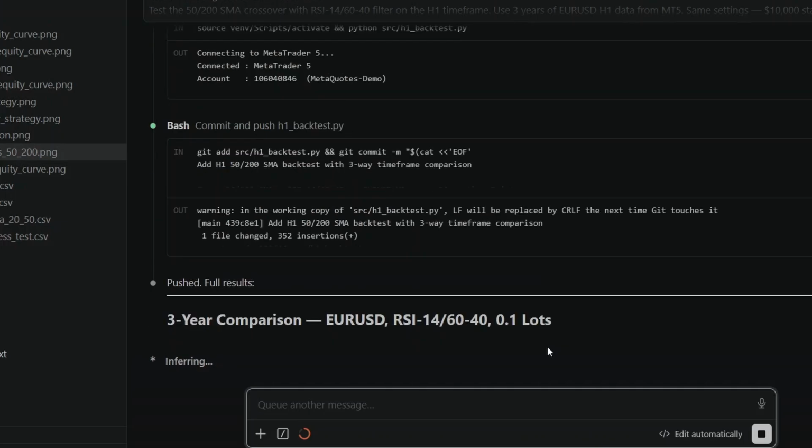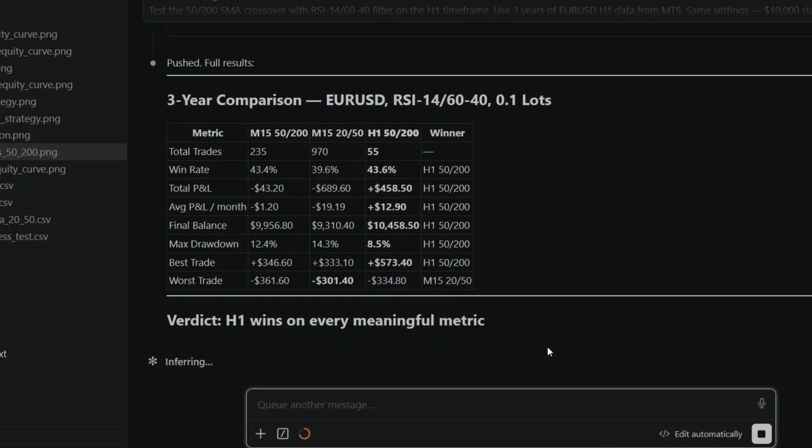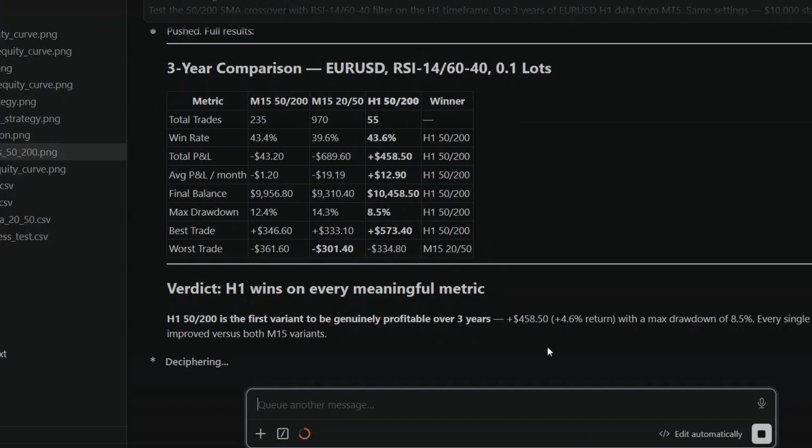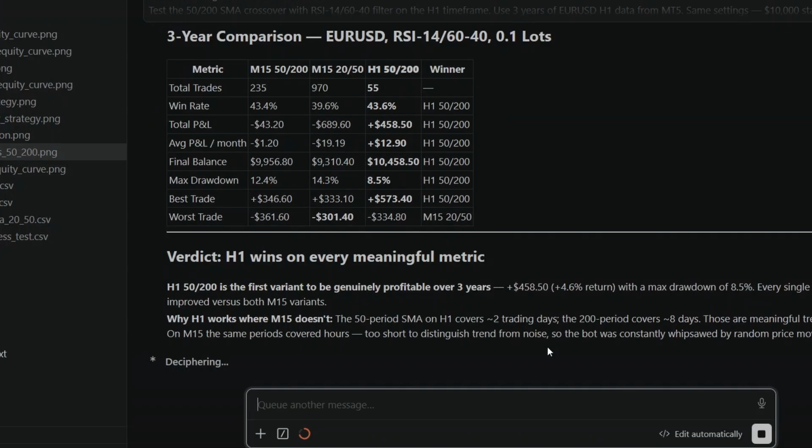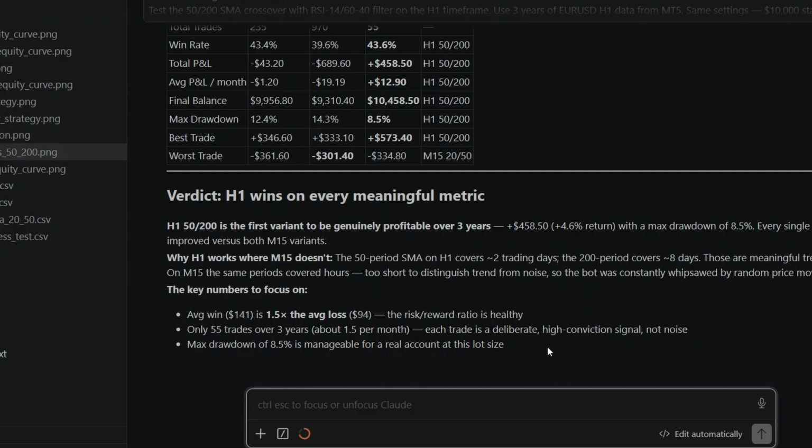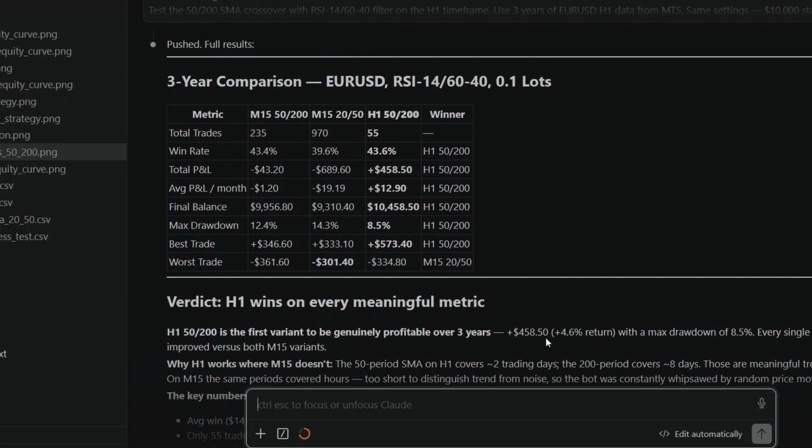Let me walk through what changed. 15 minutes time frame, 50 by 200, our episode 7 result: minus $43, 235 trades, 43.4% win rate. And 15 minutes time frame, 20 by 50, our episode 8 attempt: minus $689, 970 trades, 39.6% win rate. 1 hour time frame, 50 by 200, the time frame change: 55 trades over 3 years, win rate 43.6%, total profit plus $458.50.